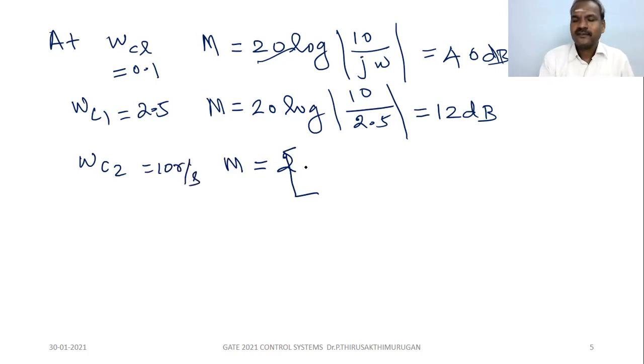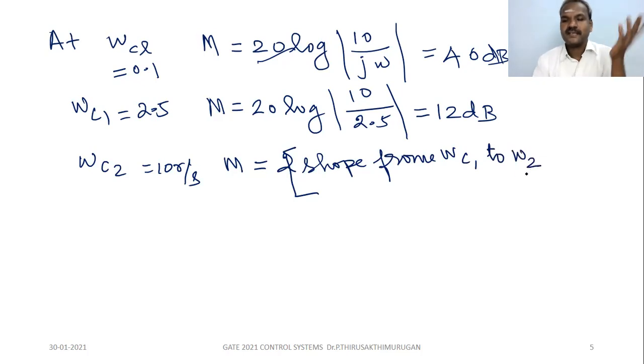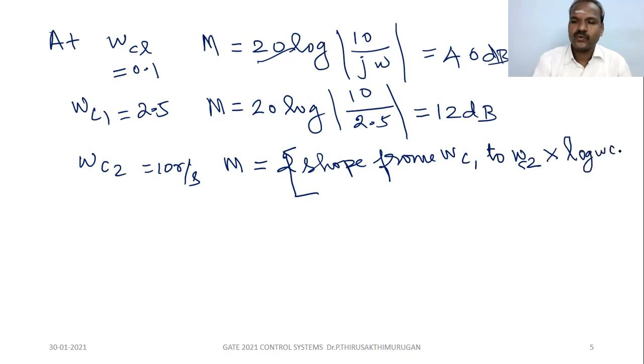The formula is slope from omega C1 to omega C2, into log omega C2 minus log omega C1, plus the magnitude at omega C1.